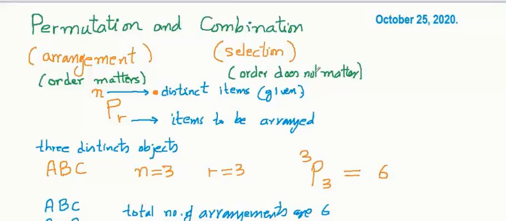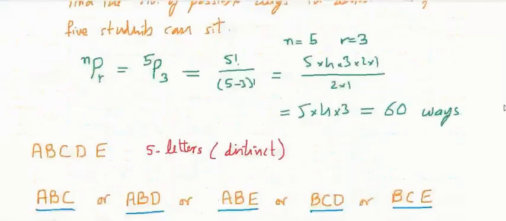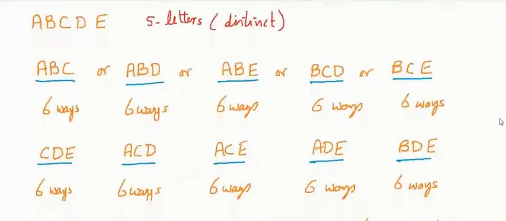So now see what it means that order matters in one case and doesn't matter in the other. Coming back to that position here, 5 distinct letters. 3 of the letters we are to select and arrange. So 5 distinct letters are available.